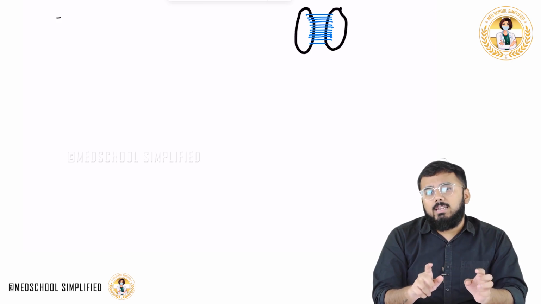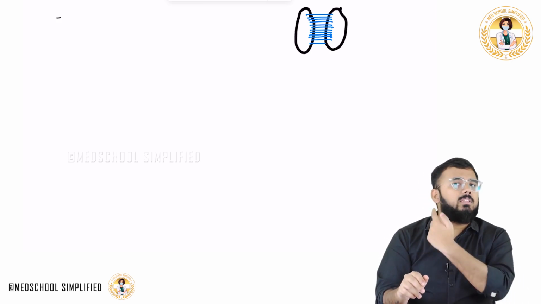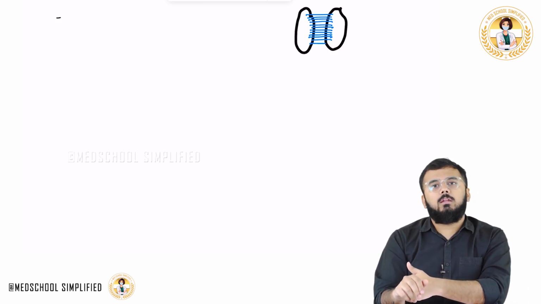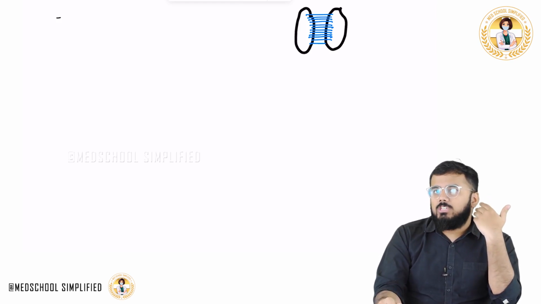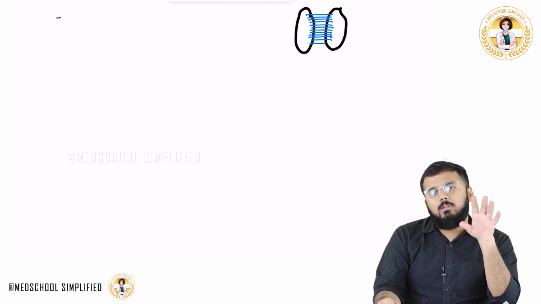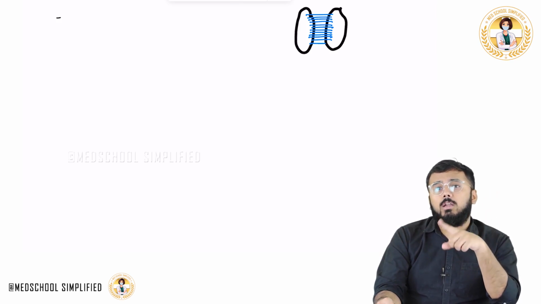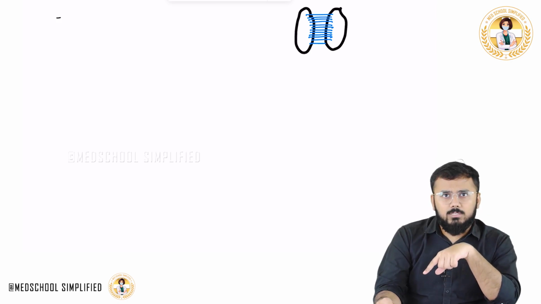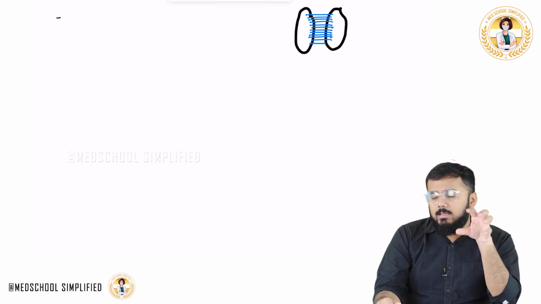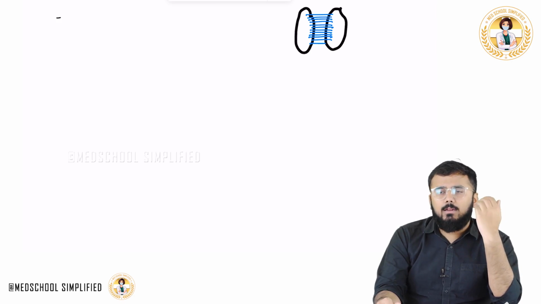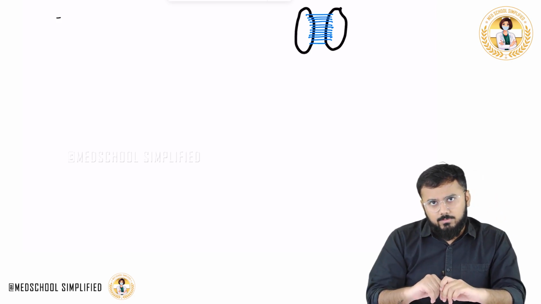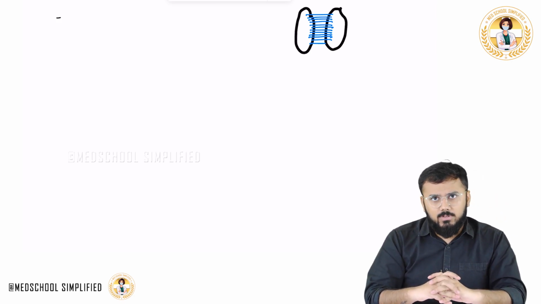Why? Because the tracts in the right cerebellar hemisphere don't cross, they go to the right only. Tracts originating on the left side stay on the left side, they don't cross. That is the reason why in cerebral hemispheres the lesions are contralateral, meaning opposite side, and in cerebellar hemispheres the lesions are ipsilateral, meaning same side. This is the basic difference I want you to know.